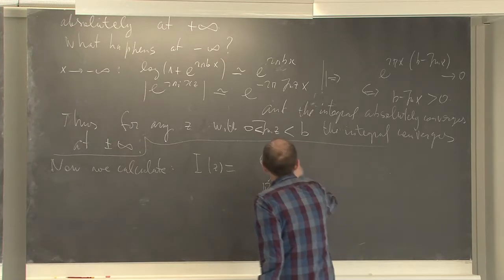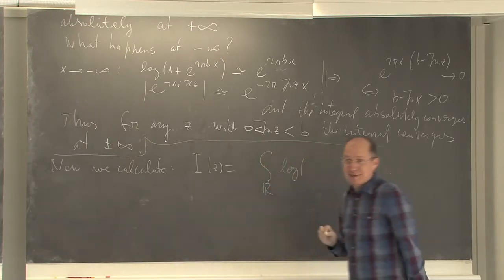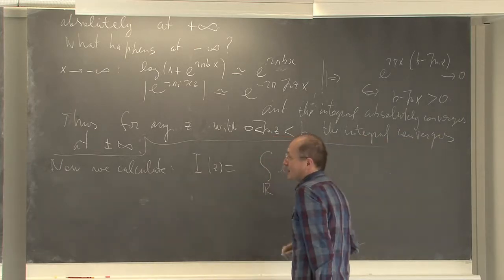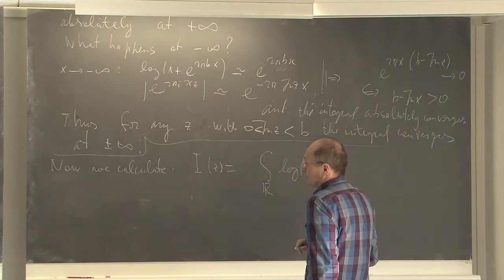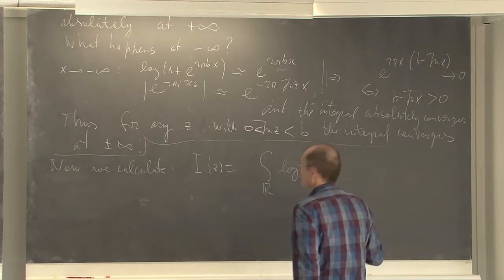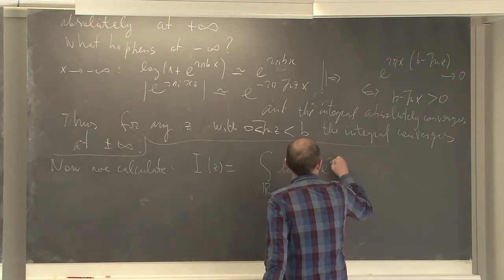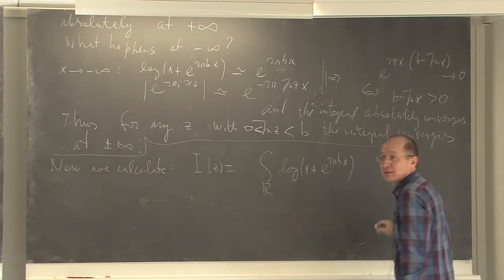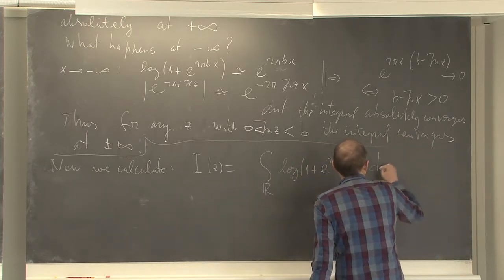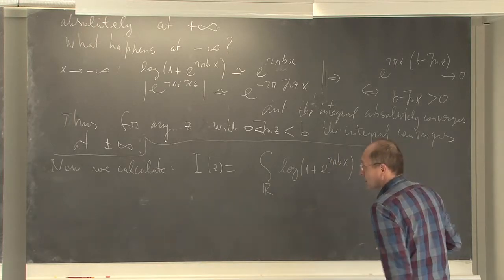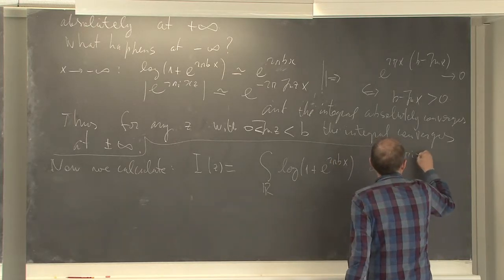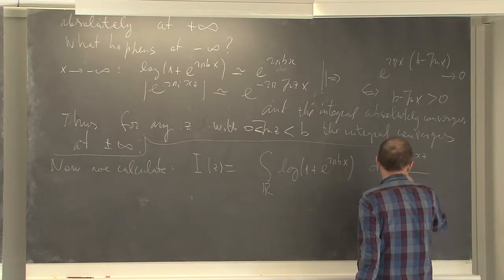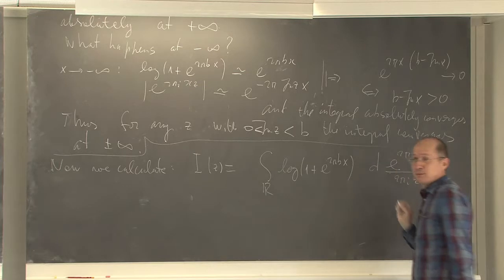So what do we do? Log is not a pleasant function, right? We know that. So let us get rid of it. And the way to do that is to integrate by parts. So we put the exponential inside the differential and divide by the correction factor, which is 2 pi i z.